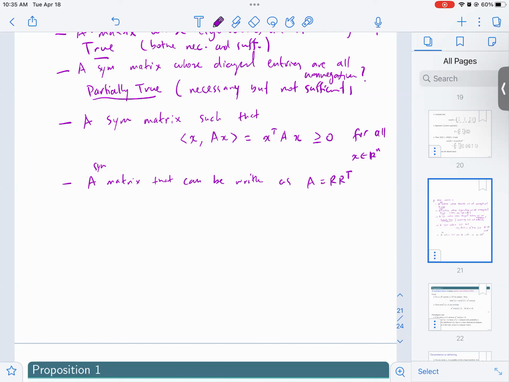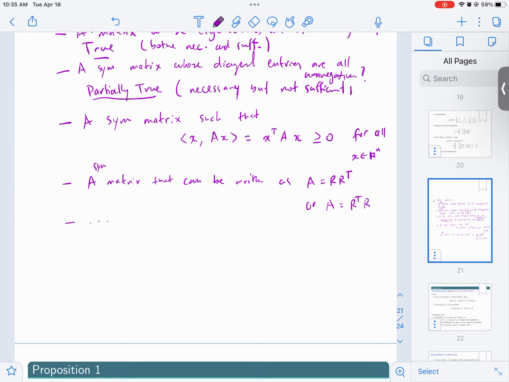So if you can write it as the product of a matrix times its transpose, or vice versa, R transpose R, it's equivalent, since you can just replace R with R transpose. If you can write it like that, you're positive semi-definite. It's very easy to show from this definition. So if you have something like that, then this would hold. Write this down, and then you can see why that is.